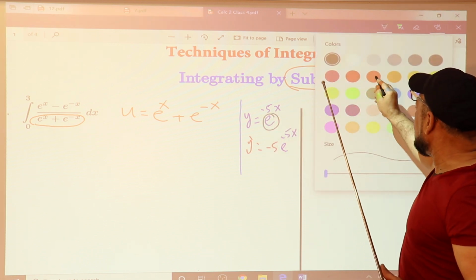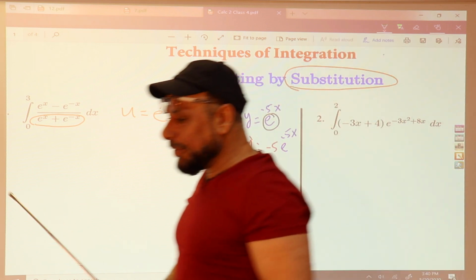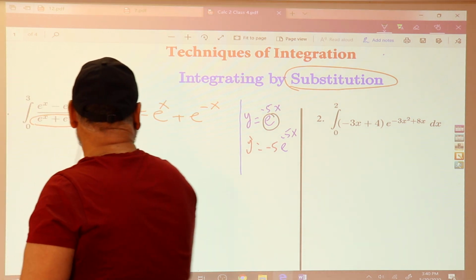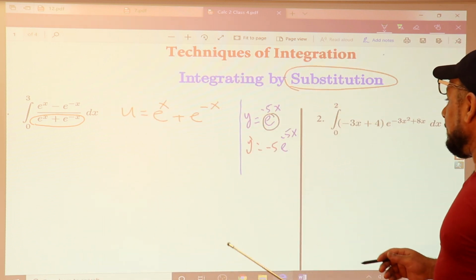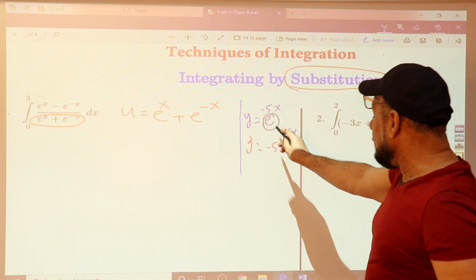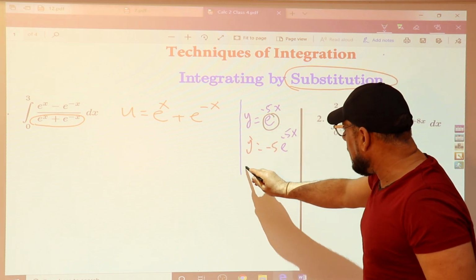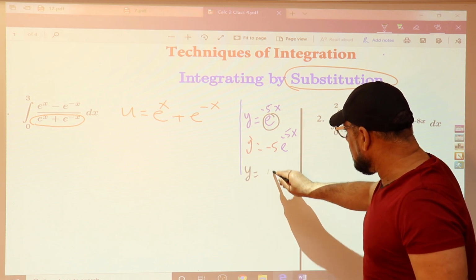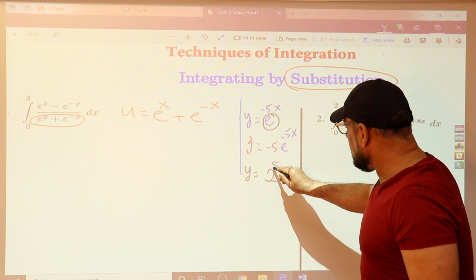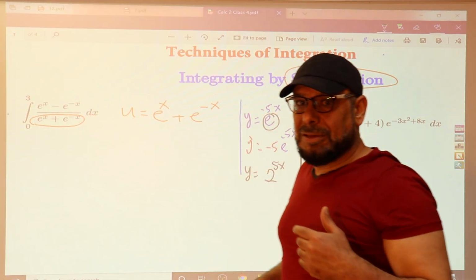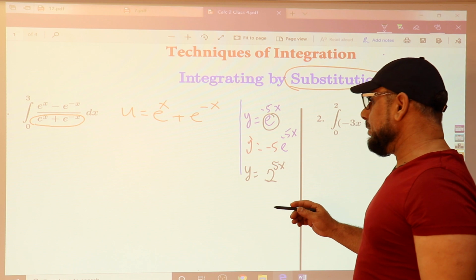How about when I have a different base, which is not e? For example, y equals 2 to the 5x.